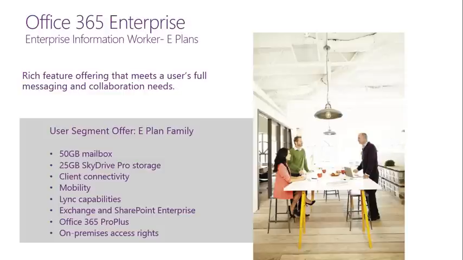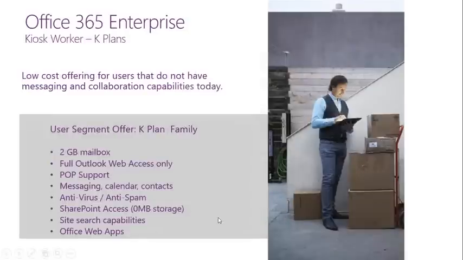I think that's actually just been announced that it's going to increase to 1 terabyte, if I understand that correctly. It also includes lots of different options, which I'll come on to and show you the different features in a second. So the other plan available is a Kiosk Worker plan.